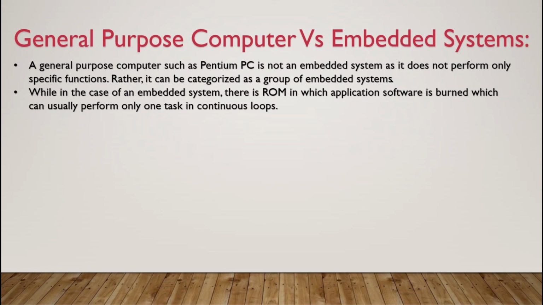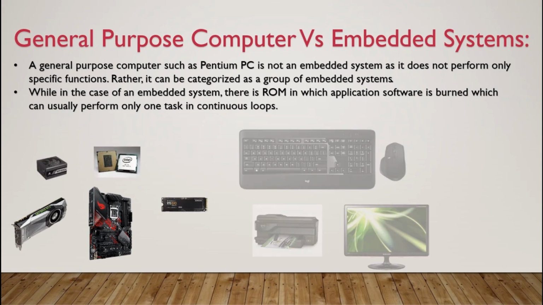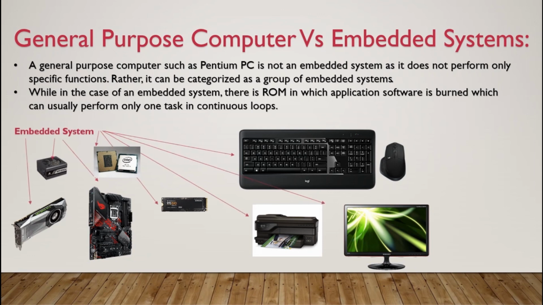Also, in an embedded system, mostly only ROM is present for the storage, whereas a PC or a smartphone has multiple memories for different tasks. The motherboard of a PC consists of various embedded systems like a GPU, intelligent power supply, a powerful CPU, an SSD or HDD, and different peripheral devices. So we can say that a PC or a smartphone is not an embedded system, rather it is a group of embedded systems.